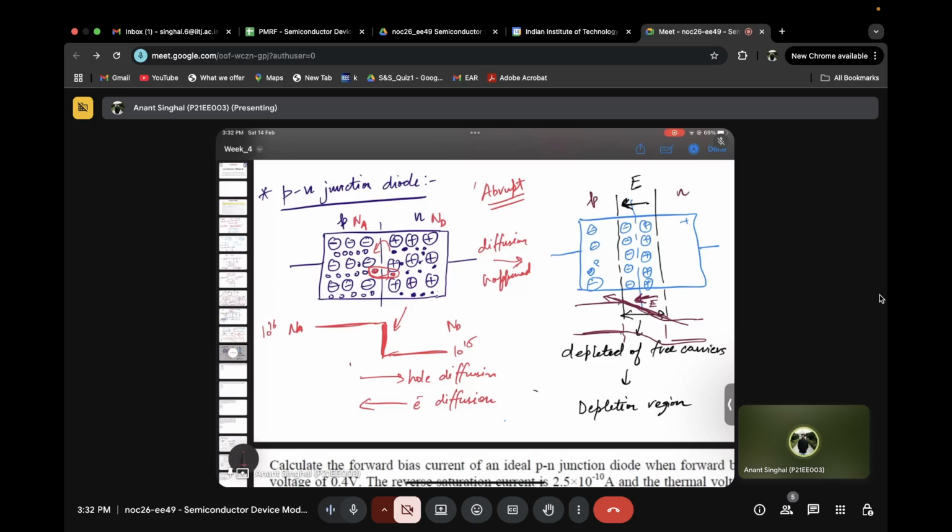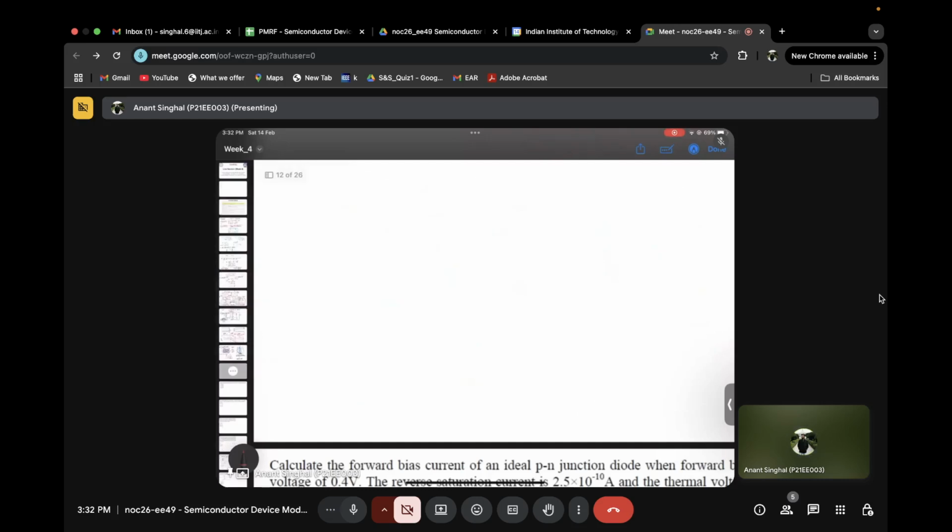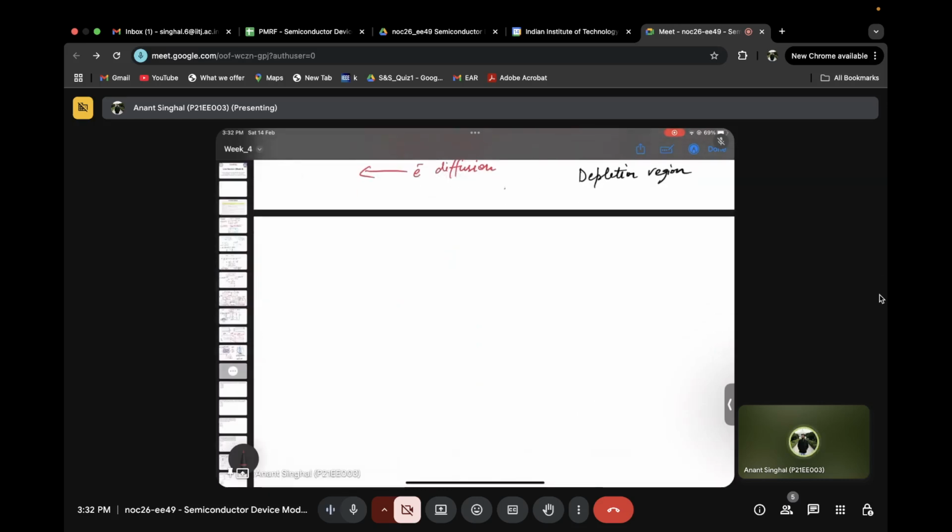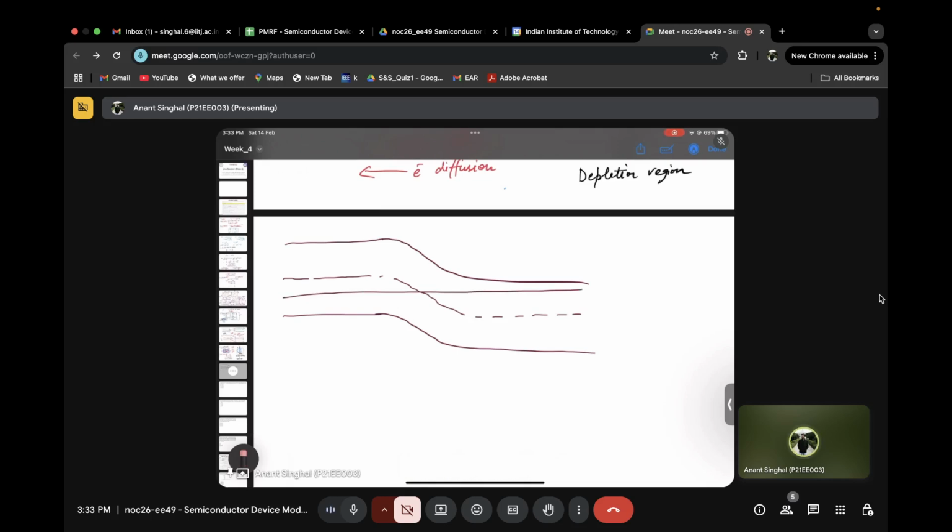So let's try to have a very basic understanding of some of the key terms of the p-n junction diode. So the first would be, let me make a quick band diagram. So I'm still talking about equilibrium only because we still have a Fermi level which is clearly aligned. So this is the Fermi level, let's say.